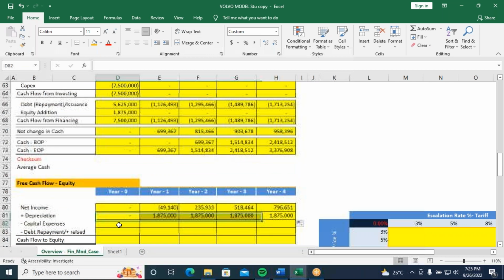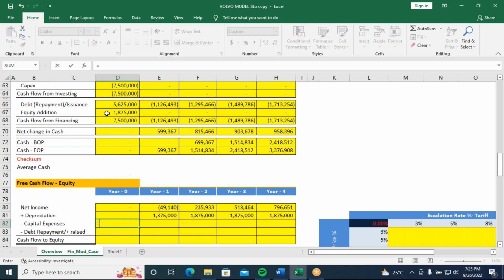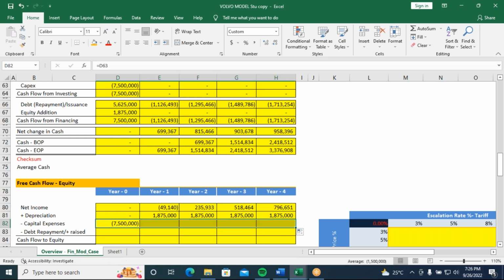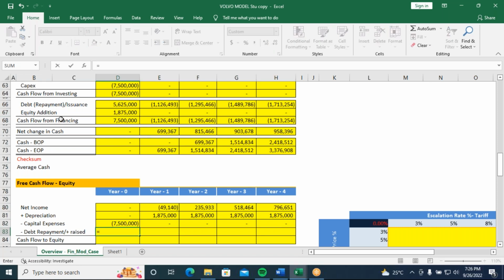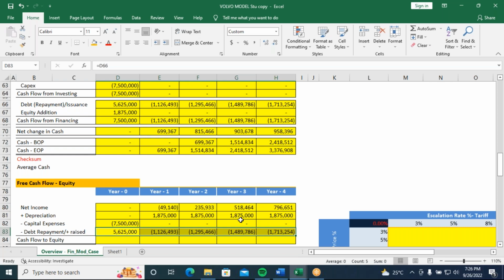Then capital expenses, and debt repayment. So the values we have already calculated, we have to choose the values and put it under the free cash flow equity. Okay.